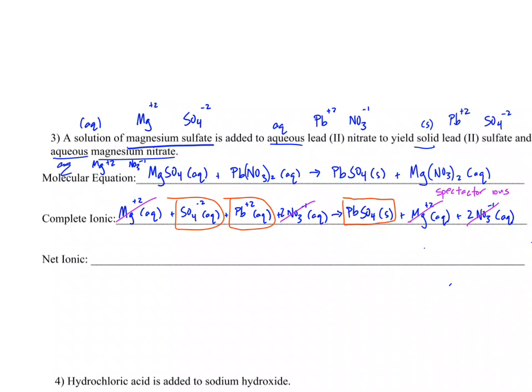So my net ionic equation includes everything that's not a spectator ion. So I'm going to write my cation first. I'm going to write lead +2 plus a sulfate ion reacted to produce lead sulfate.